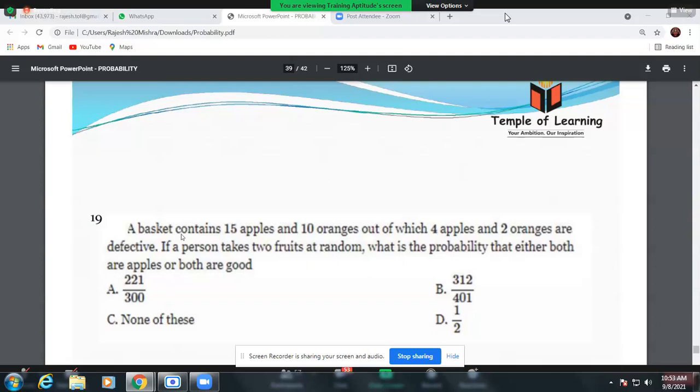One of you said 221 upon 300. Yes, sir. Priyanka, okay. I'm waiting for others to respond. A basket contains 15 apples and 10 oranges.